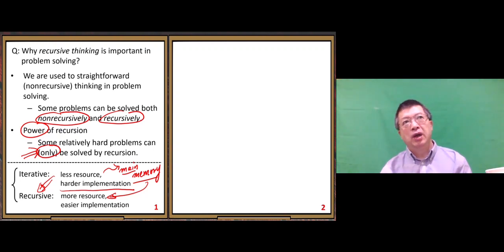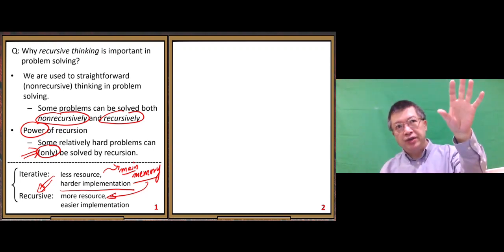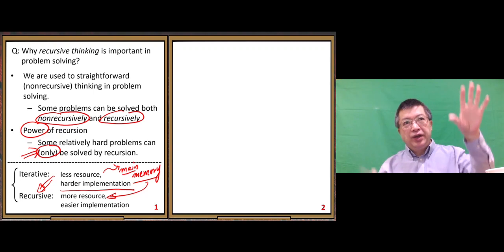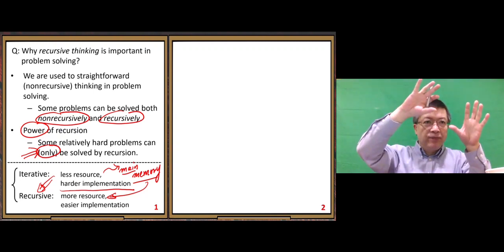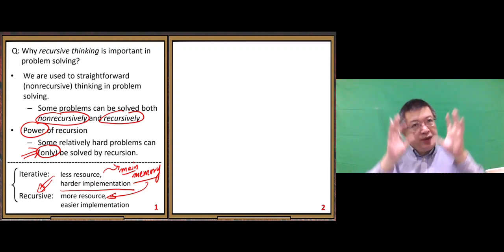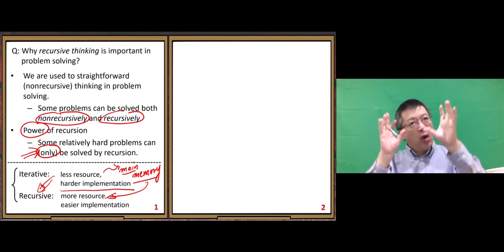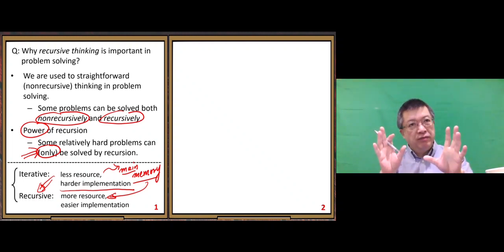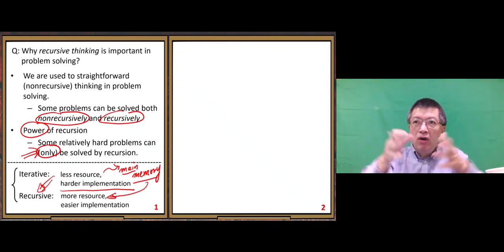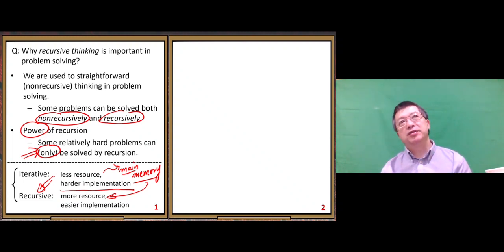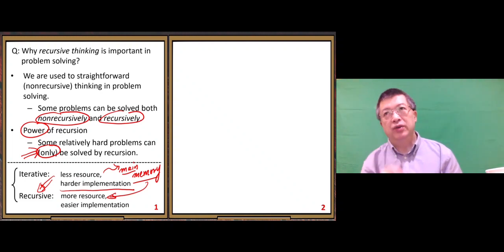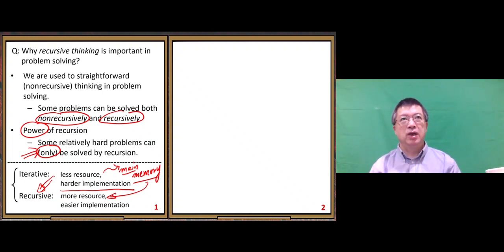When we call a function recursively, we need to call the same function for a smaller parameter value. That's how recursion typically works.